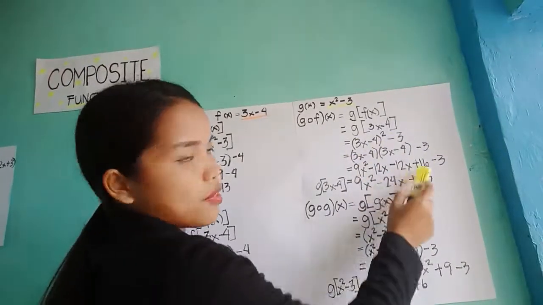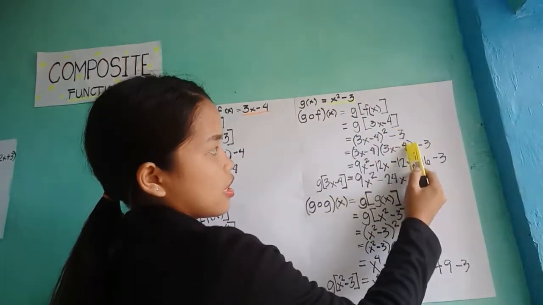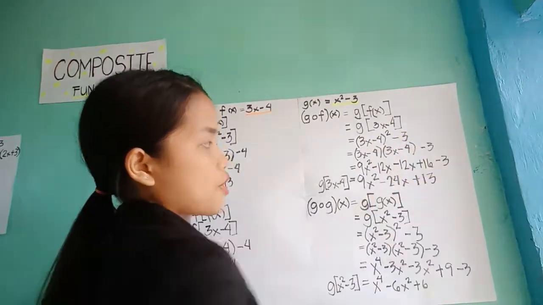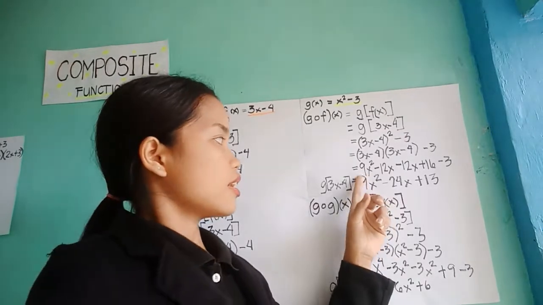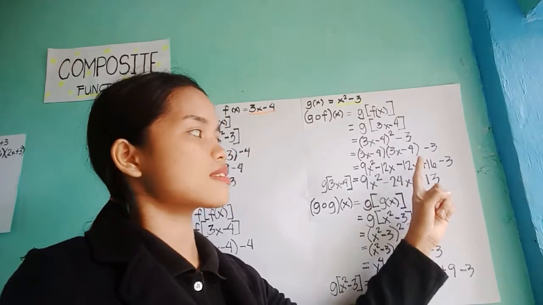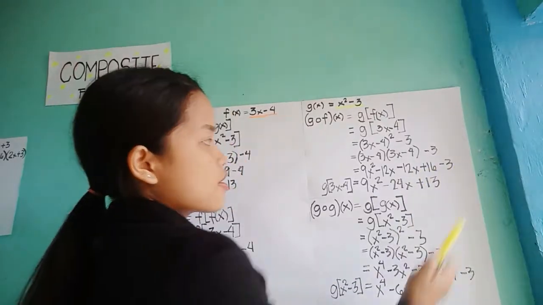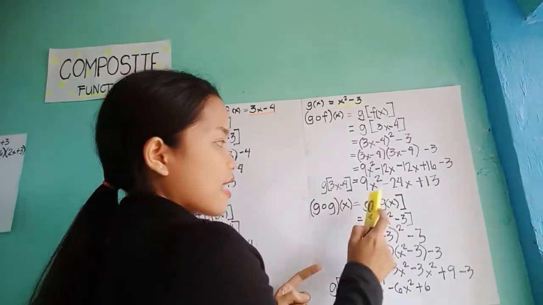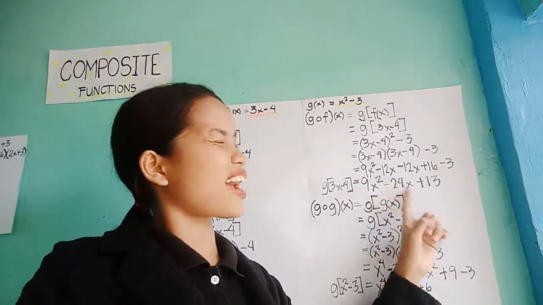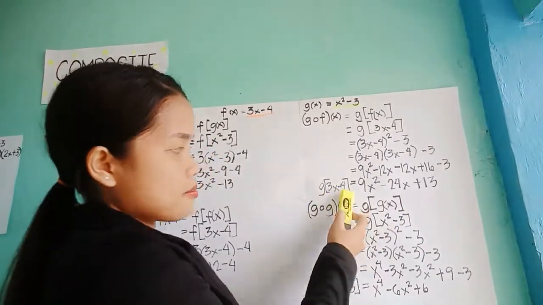From the FOIL method, the first term, outer term, inner term, and last term result in 9x squared minus 12x minus 12x plus 16, and then minus 3. We combine the like terms, so the final answer is 9x squared minus 24x plus 13, and then the label, which is g of 3x minus 4.